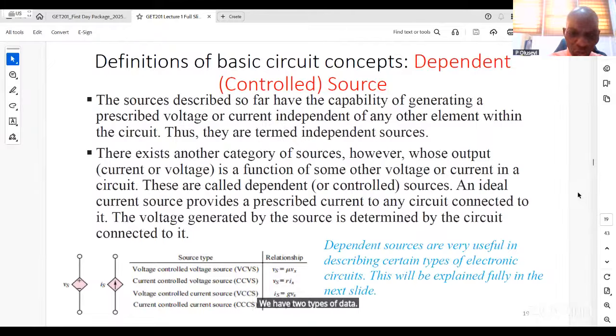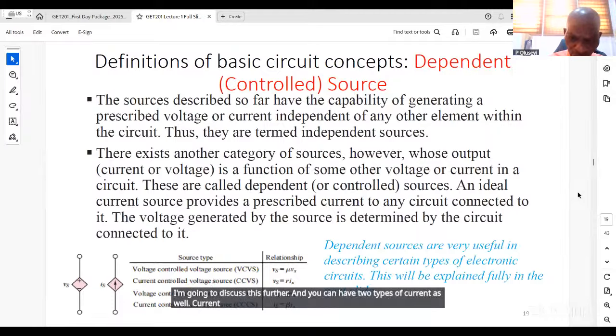It can either be a voltage controlled voltage source or a voltage controlled current source. I'm going to discuss this further. And you can have two types with current as well: current controlled voltage source and current controlled current source.